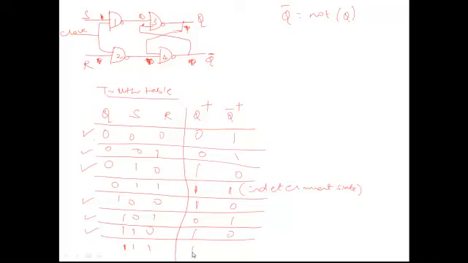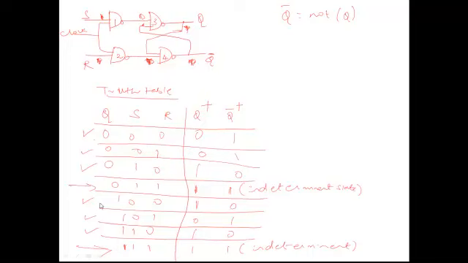So here also you are having an indeterminate state. Indeterminate in the sense we are not sure about the output. This is not a reliable output. So we should not have this particular combination at all. Can you understand? So this is an unused combination in the SR flip-flop. Whenever you are using the SR flip-flop, you have to ensure that S and R are not both set to 1.